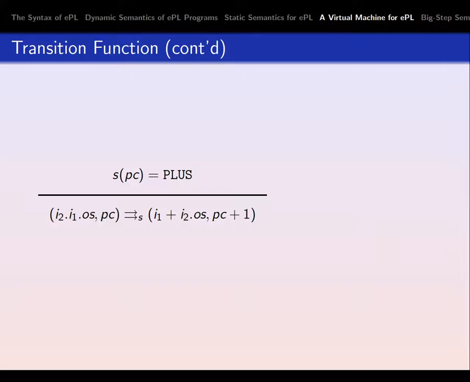Otherwise, we wouldn't be able to perform this instruction. And there's a program counter PC, right? This transitions into I1 plus I2 followed by OS. So notice what happened. I1 and I2 were popped from the stack. The operation got performed, and what goes back is the result. The result is pushed onto the stack, and then we move on to the next instruction. And then similarly for all the other instructions. Yes?